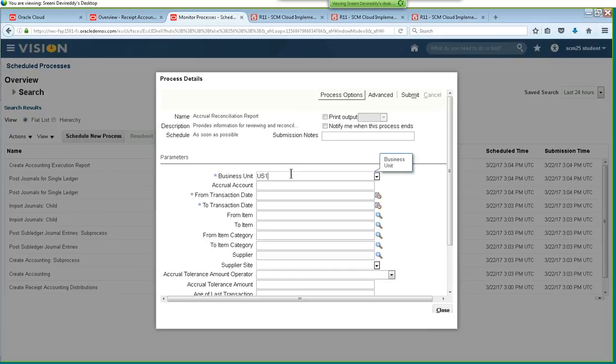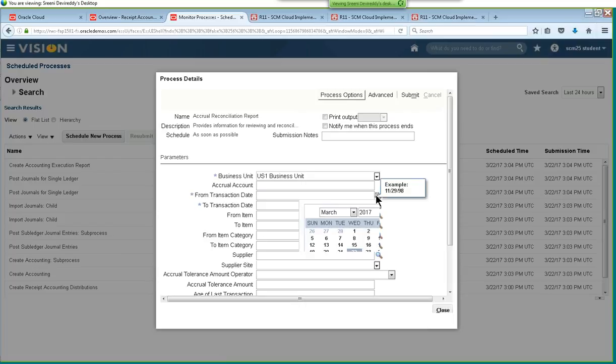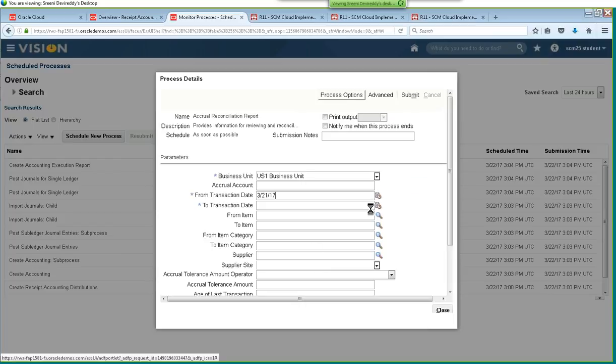US1 business unit. Transaction date between yesterday and tomorrow. And the item is CM200, the item we used in the purchase order. Okay, that's it. Submit.